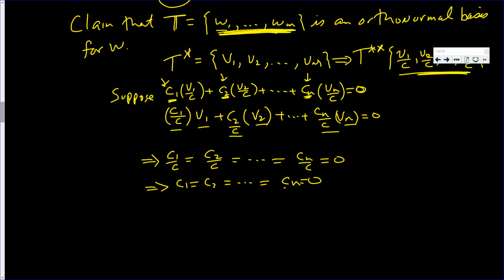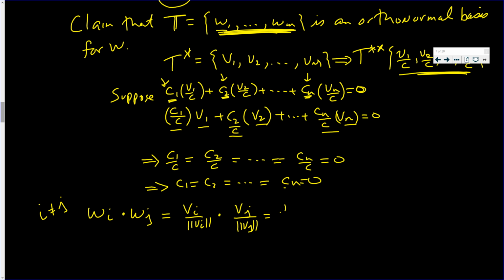Is W sub i dotted with W sub j, where i and j are different, equal to 0? Well, I know one thing. This equals Vi over the length of V sub i dotted with V sub j over the length of V sub j.